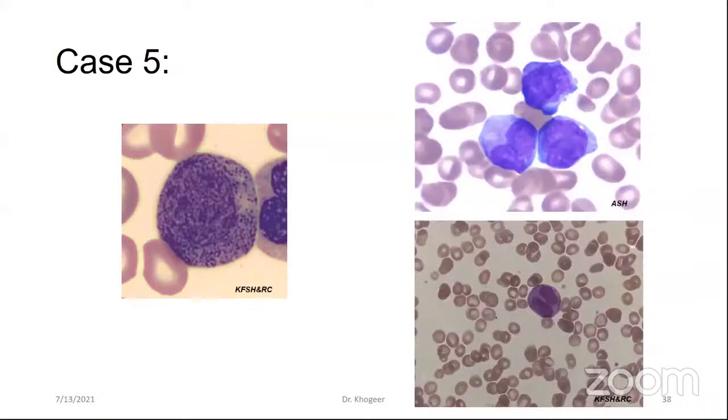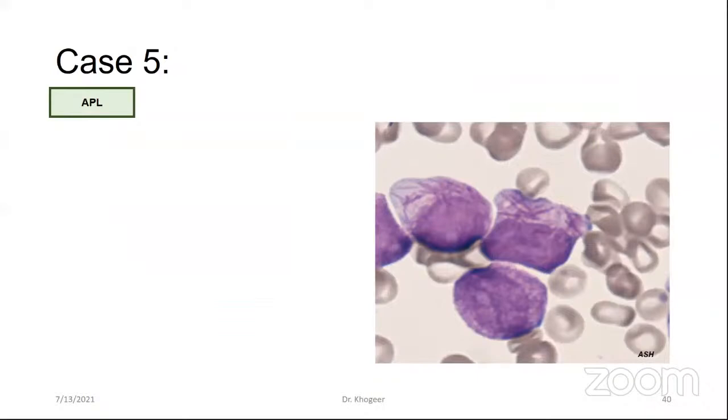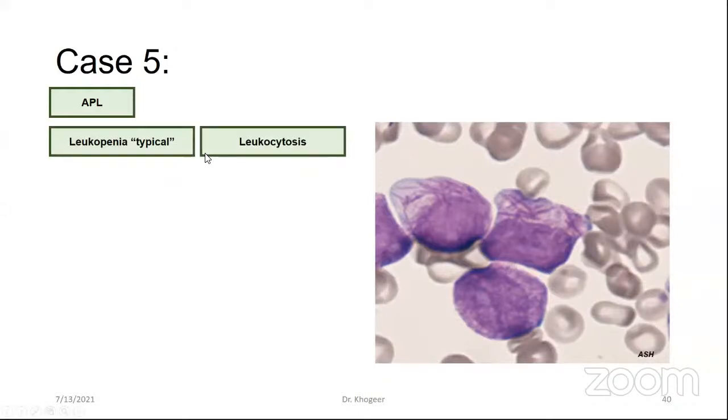In the macrogranular variant of APL, very few granules may be visible, like in this picture, and those granules present may be very fine. So this patient has APL, and patients with APL typically present with leukopenia and variable degrees of anemia and thrombocytopenia.